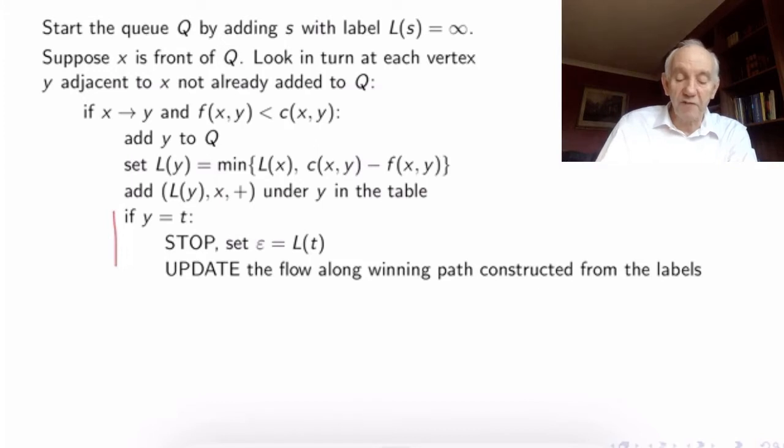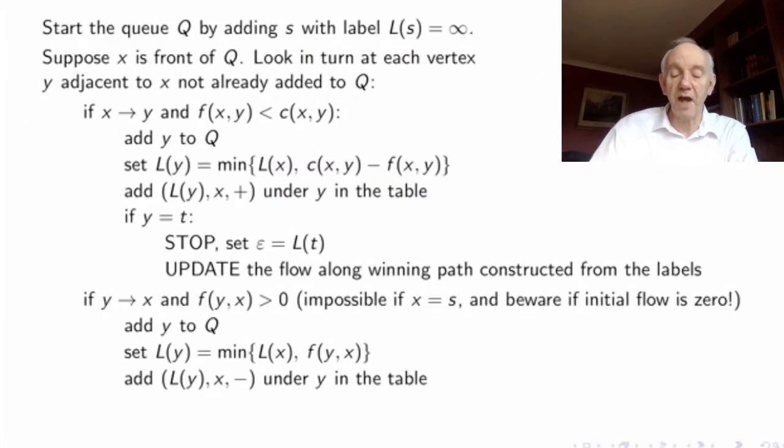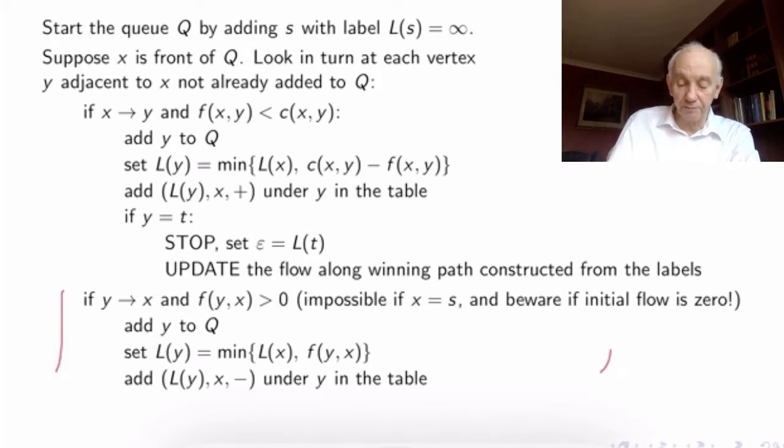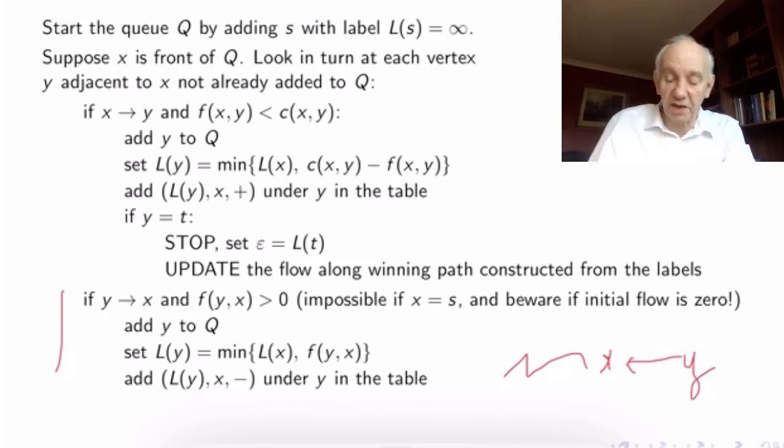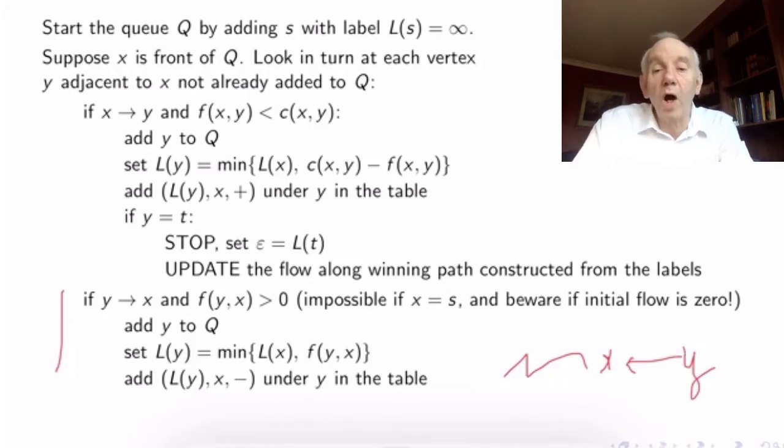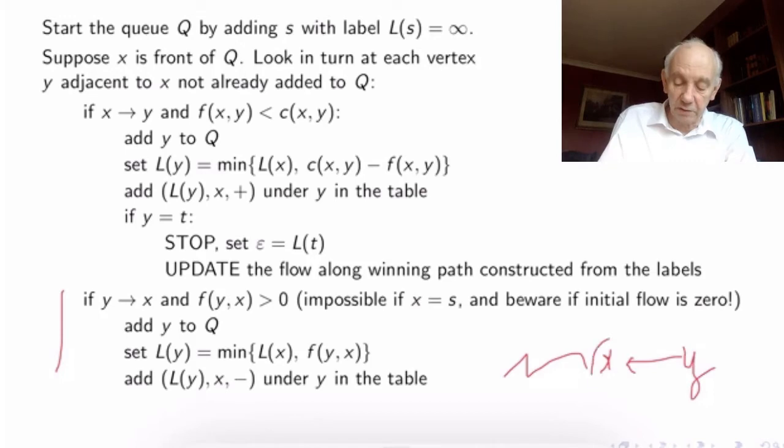Now, what happens? I've only done the case in which the adjacent vertex had its arrow going from X to Y. What happens if the arrow goes backwards? So we're now in the situation where we have our vertex X at the front of the queue, having got to X from the source, and we're looking at an adjacent vertex Y, but the arrow goes from Y to X. So what do we do in that case?